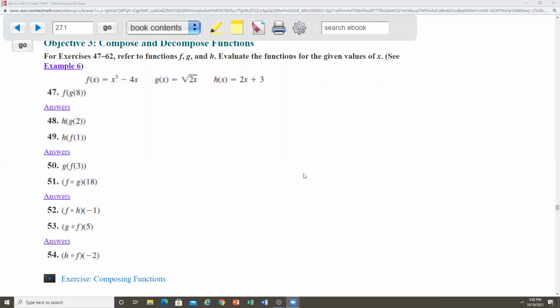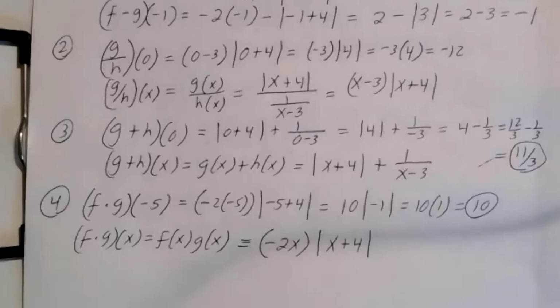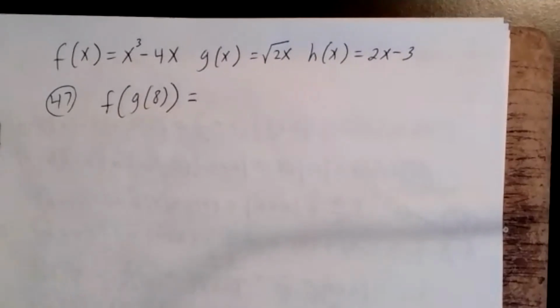We have a square root function or a radical function for g of x. And we have a linear function for h of x. For problem number 47 here, they want us to find f of g of 8.